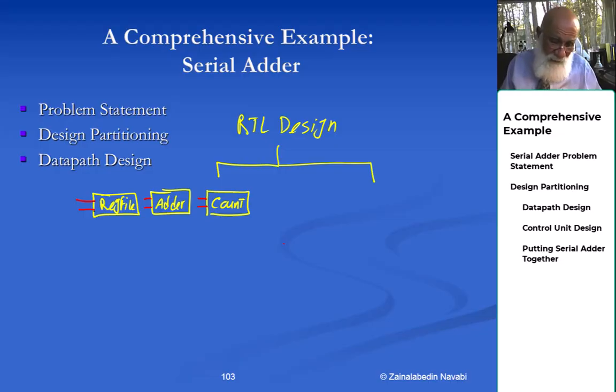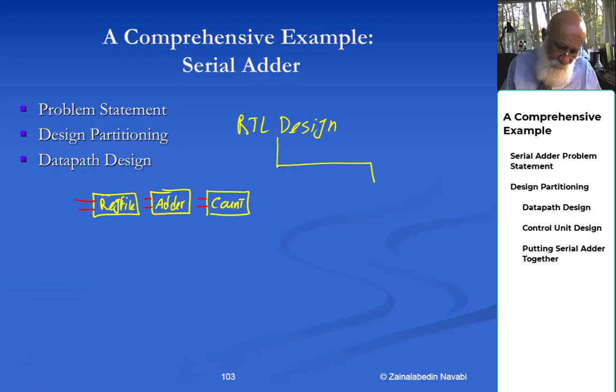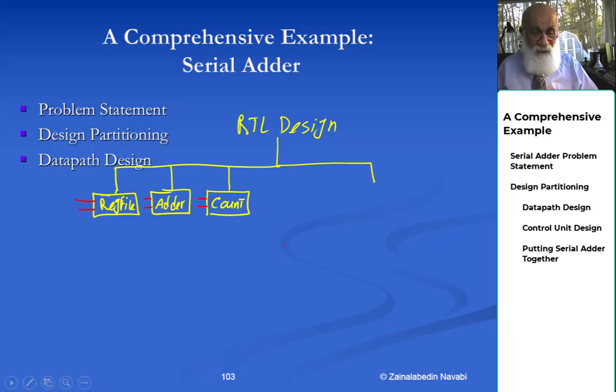Then you say the red ones are control signals, and the boxes here are my data path components. What are data path components? Any component that can process data, like add two pieces of data or compare two pieces of data, is a data path component.